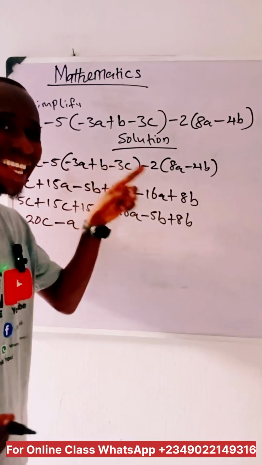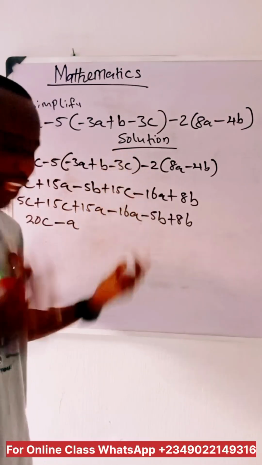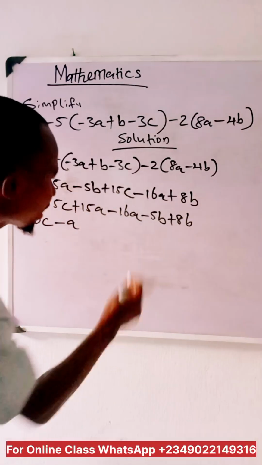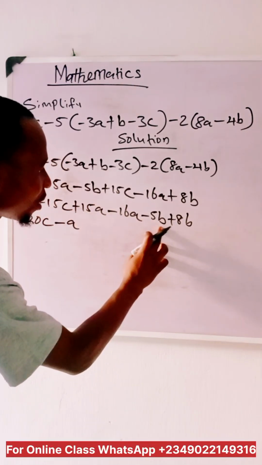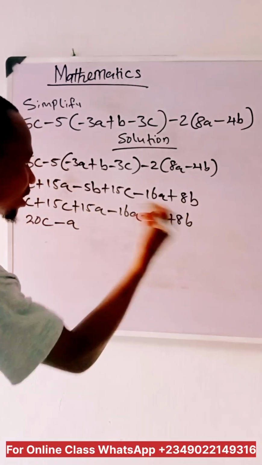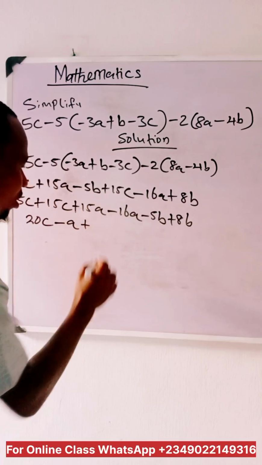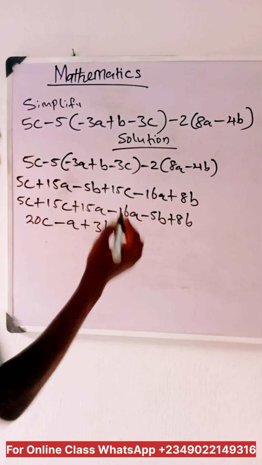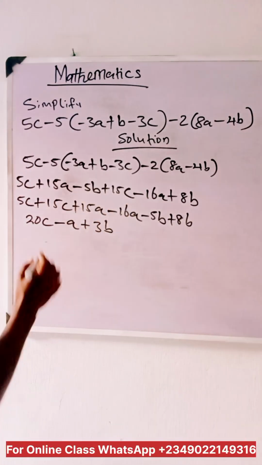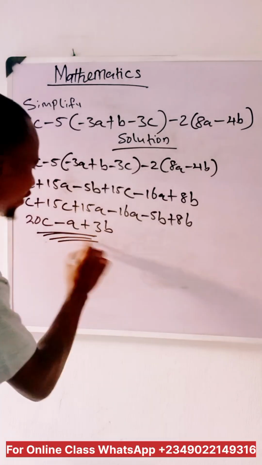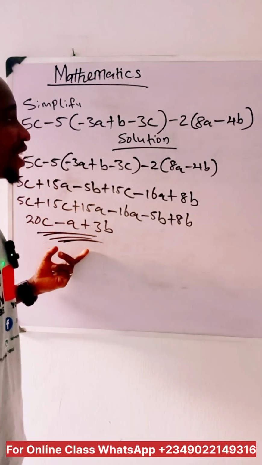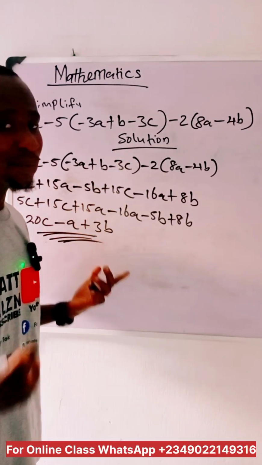So 1a is the same thing as a, all right? The next thing is minus 5b plus 8b. This is going to give me plus 3b, okay? This is what I have as my final simplification of this bracket.